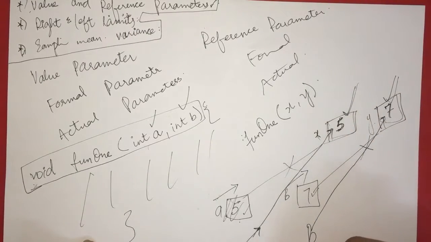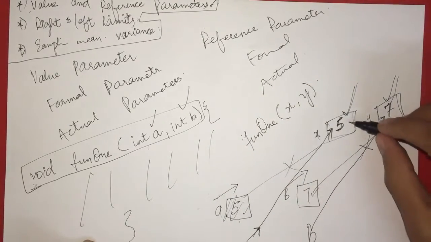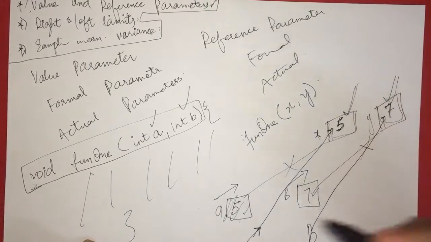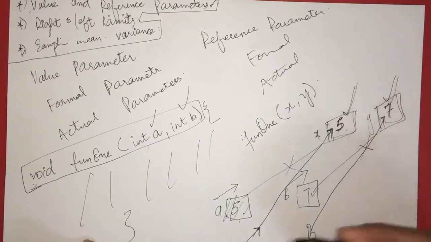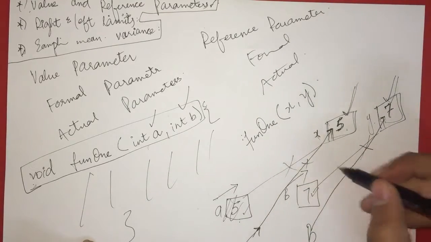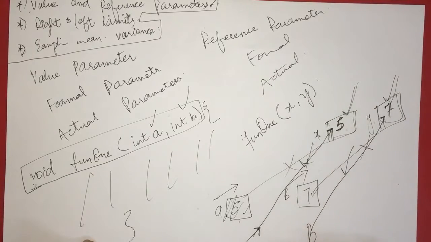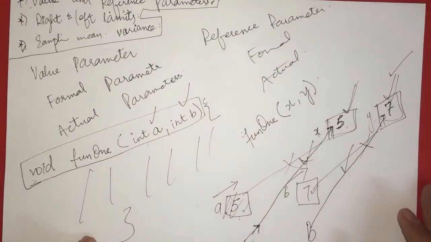As the data is getting manipulated, these values keep getting changed. With value parameters you had separate copies, so they had no connection. But now they have a connection. Whatever happens to the formal parameters inside the function is also going to affect the actual parameters when you call the function. So that was about value parameters and reference parameters.